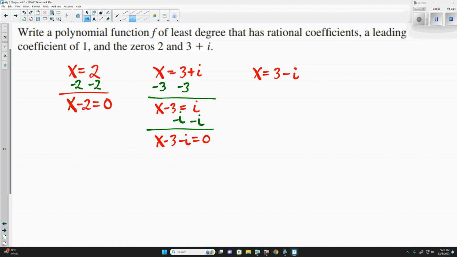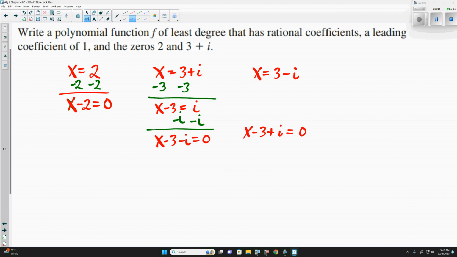What's the only difference between the one we just got equal to 0 and the next one? It's a positive i instead of negative i, yes? The sign's flipped. Well, that means there's a good chance this is going to end up being x minus 3 plus i, because the only thing that changed was the sign in front of i.